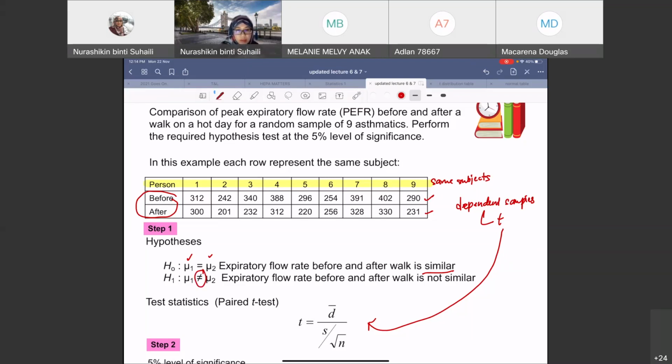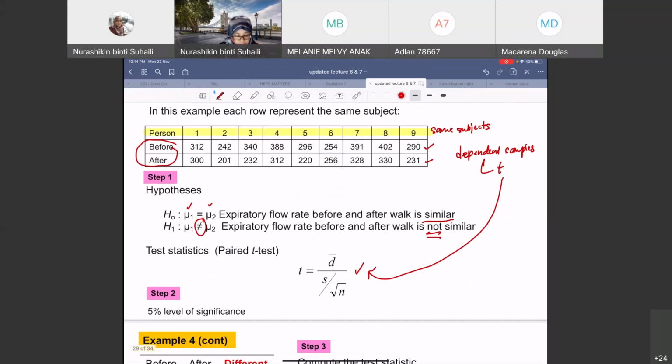Remember, if it's not stated specifically like the previous example, you just stick to this symbol. So it's not similar. That's the alternative hypothesis. Since they are dependent, you have to use this T formula.